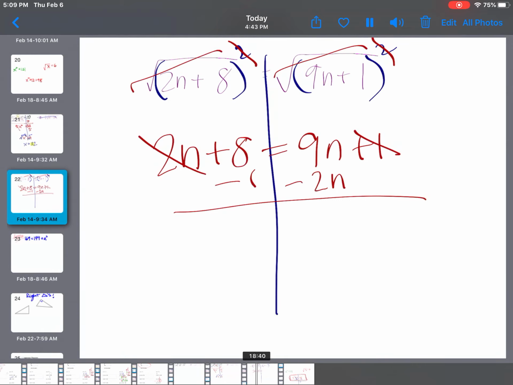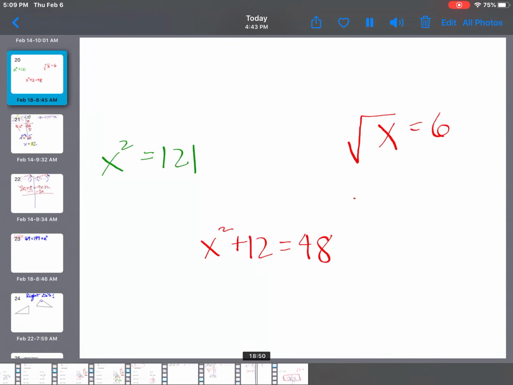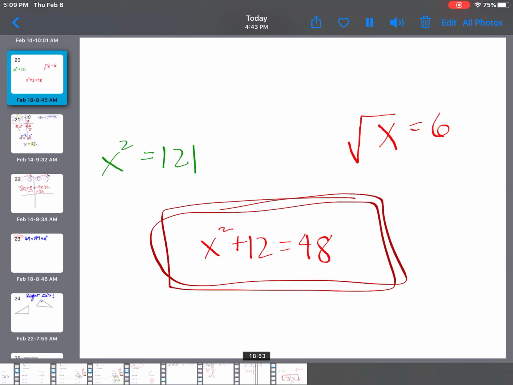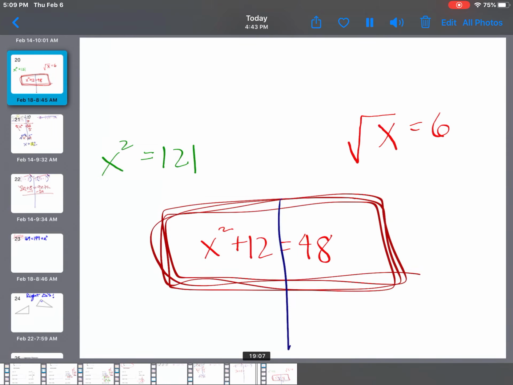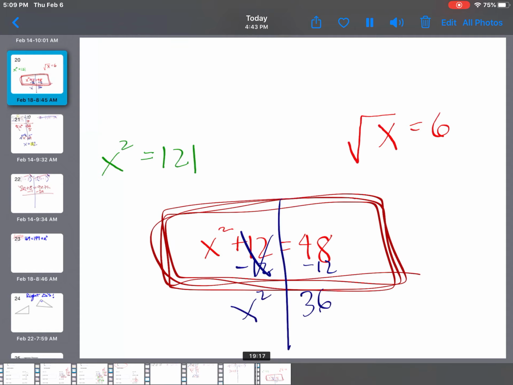Now, let's look at this problem. I want you to pause the video, and work this problem out and check with your neighbor to see if they got the same answer as you. Now we're going to work this problem out. The first thing we're going to move is the 12, minus 12 from both sides.